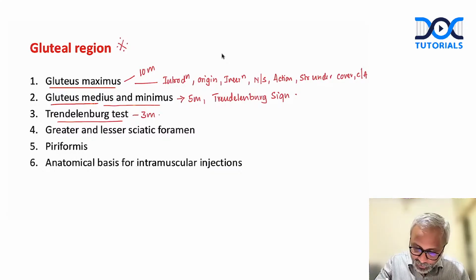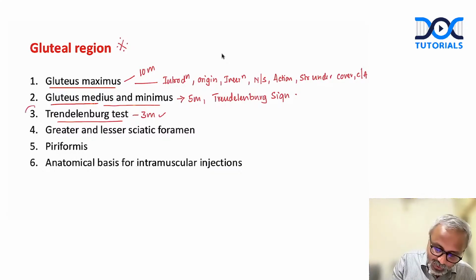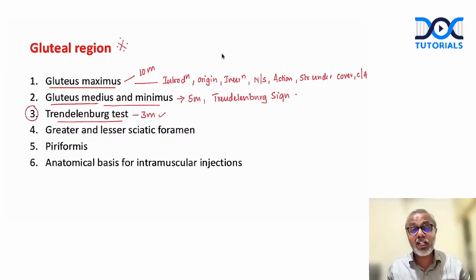So Trendelenburg test, remember, this is a tricky question. Unless the examiner specifies the Trendelenburg test of the hip or for varicose veins, you will not know what the examiner wants. So it's better to give them both. So in this case, you can write about both the tests.